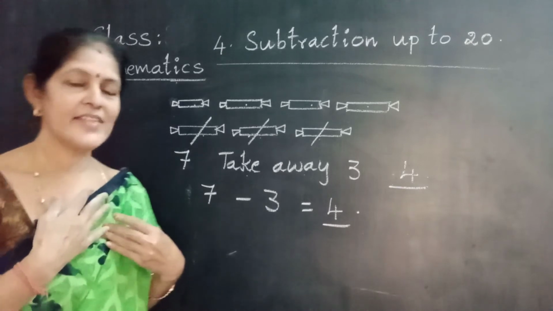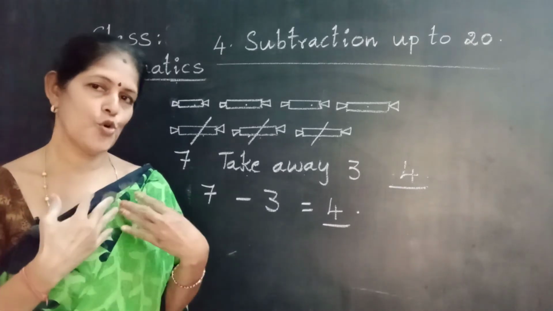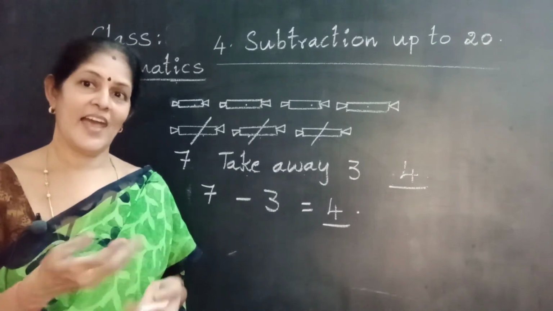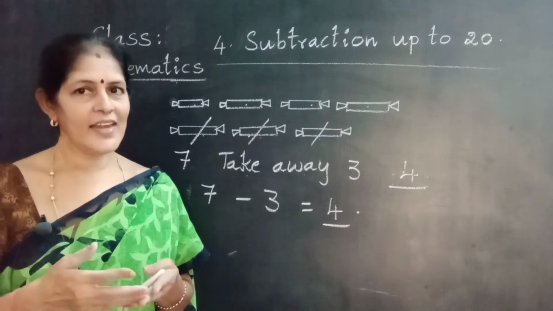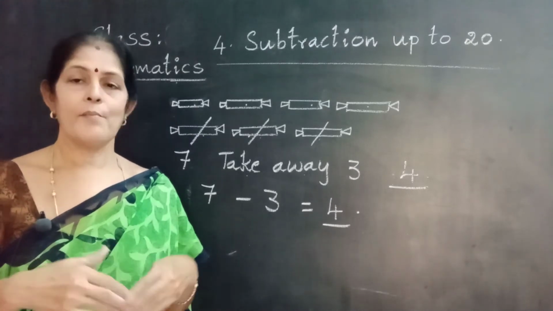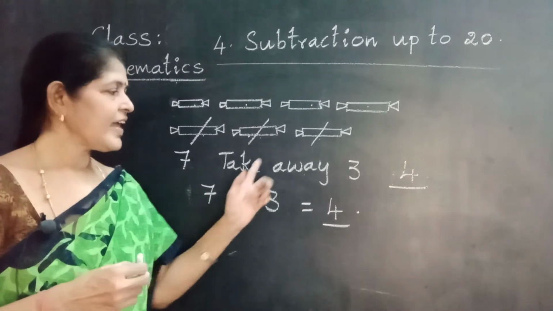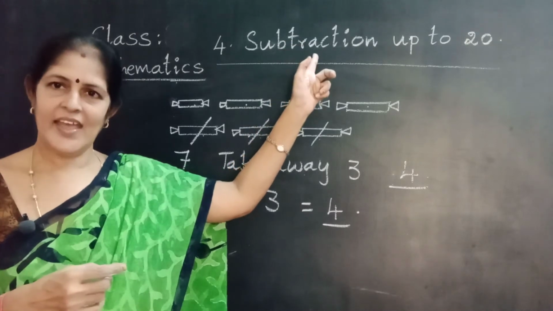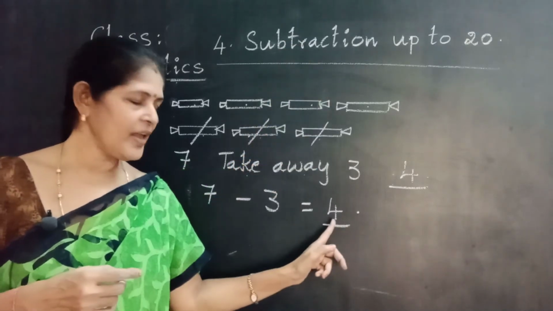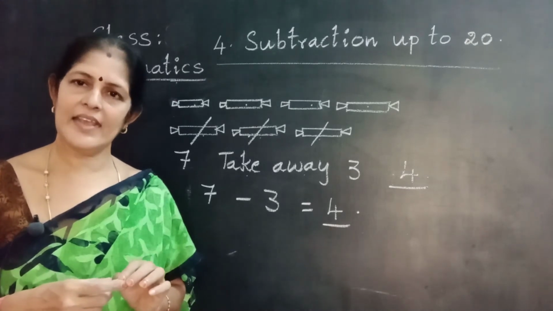I had 7 chocolates. I gave 3 chocolates to my sister. Then how many chocolates are left? We get the left chocolates by subtraction. Given away means take away. To take away, subtraction. Okay? 4 chocolates left.